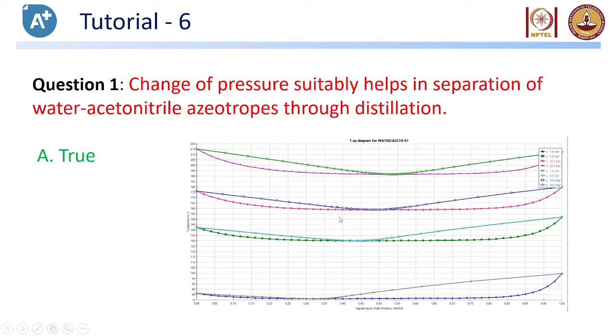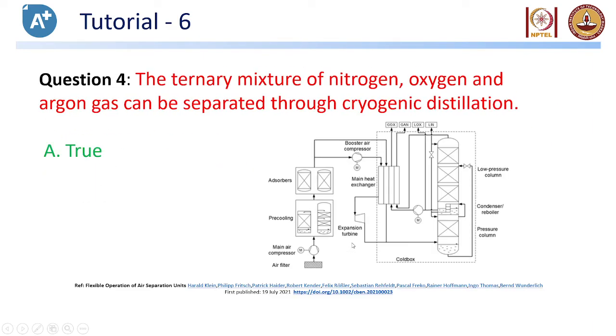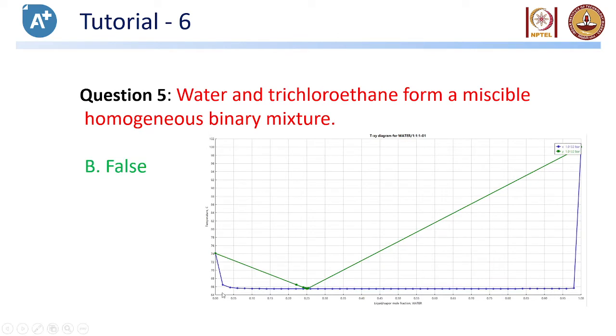For a homogeneous azeotrope you have curvature throughout the profile and the intersection point is at one place. However, with a heterogeneous azeotrope you have a horizontal line and then the two curves. That's how you can differentiate between a homogeneous and heterogeneous azeotrope.